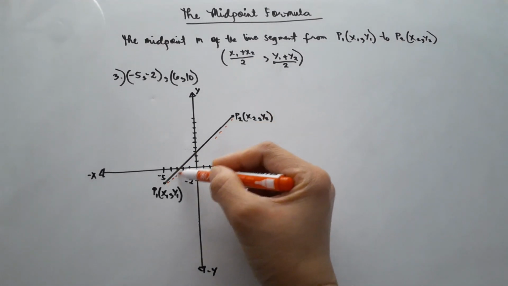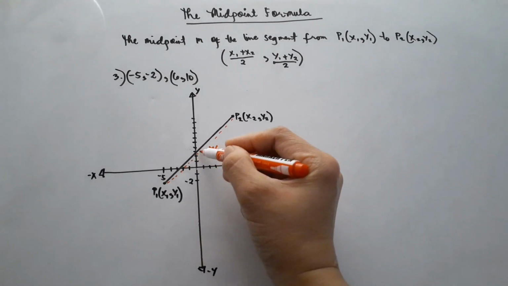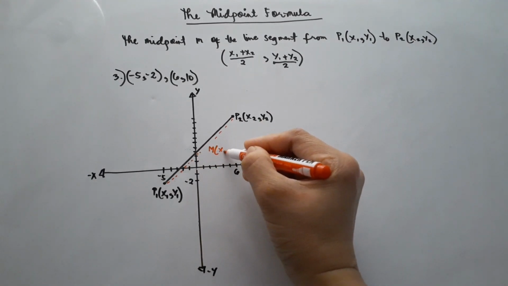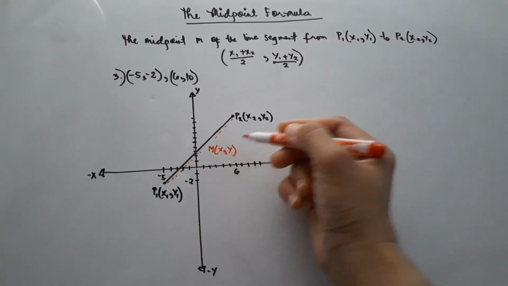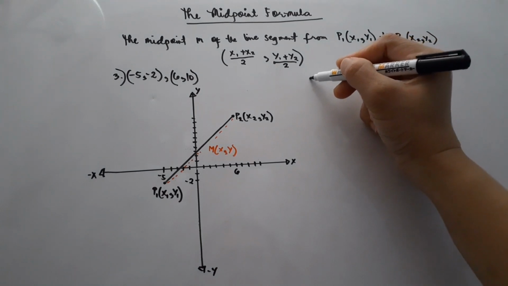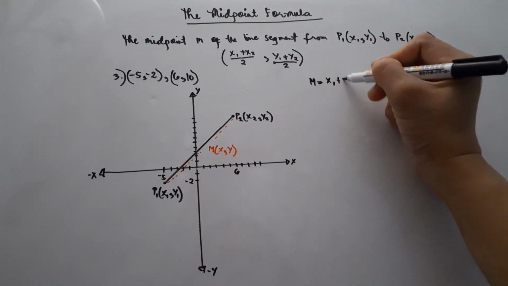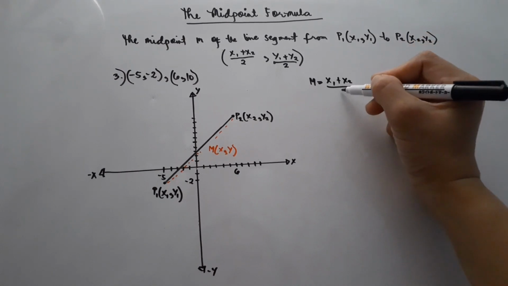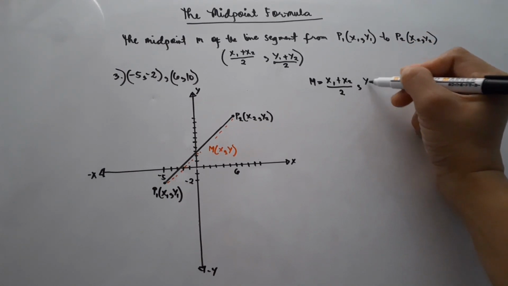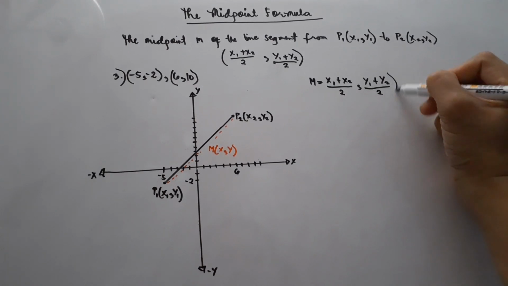And finding the midpoint here. So our midpoint is x and y. And then we can solve the midpoint by using the midpoint formula. So we have midpoint: x sub 1 added by x sub 2 divided by 2, and y sub 1 added by y sub 2 divided by 2.